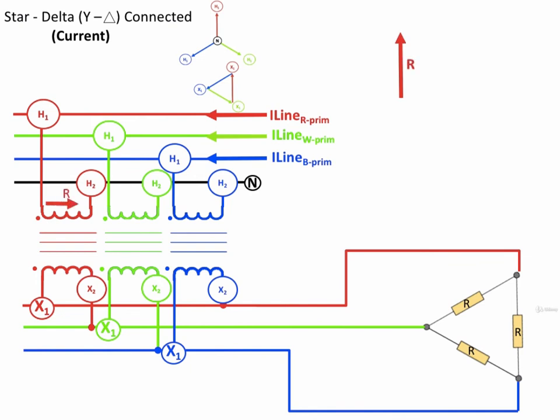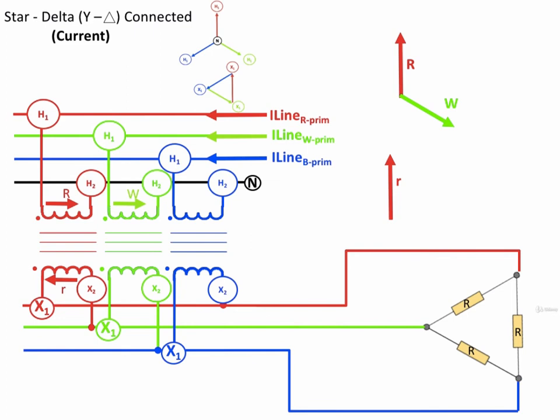The current that's flowing in the red phase transformer is going to flow into the spot on the primary, and I'm going to assume that it's pointing straight up. It is magnetically linked with the secondary, so the current flowing out of the spot on the secondary is going to be in phase with the current flowing into the spot on the primary. And I've indicated the phasors for both currents in the primary and the secondary windings of the transformer.